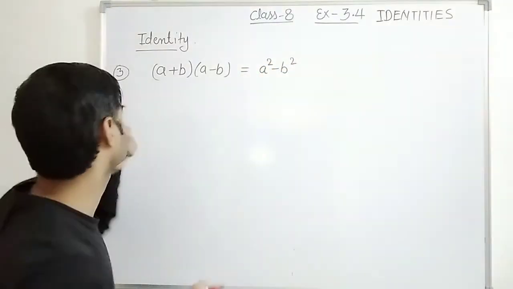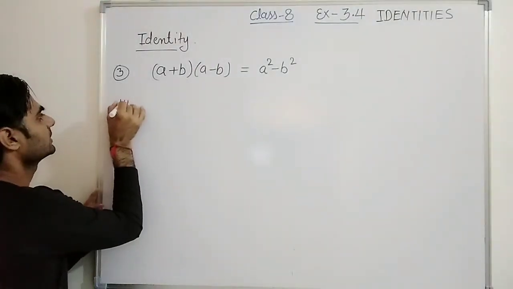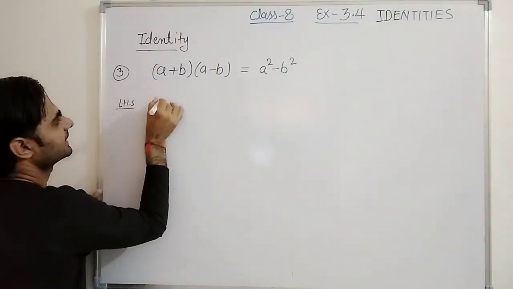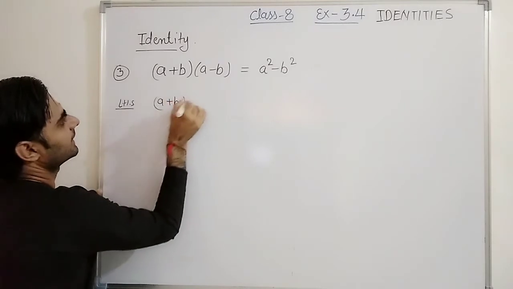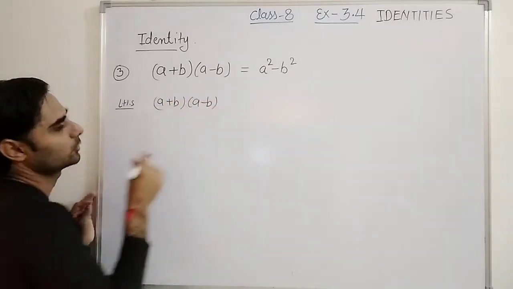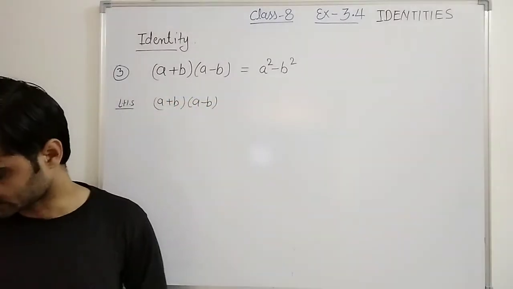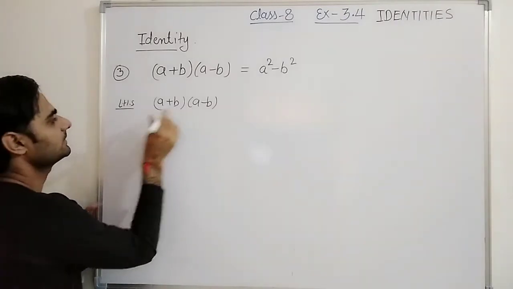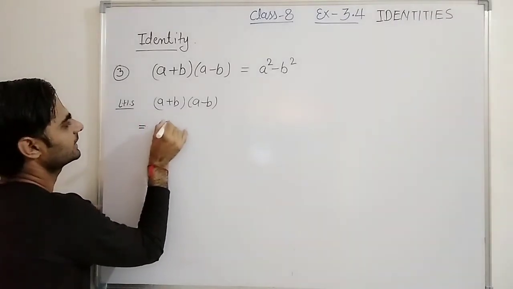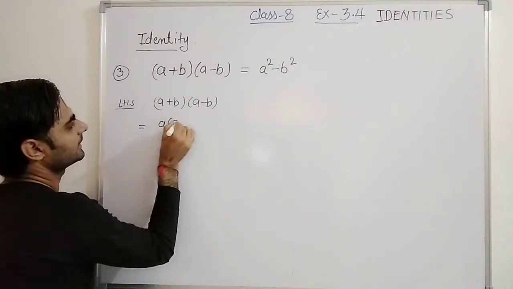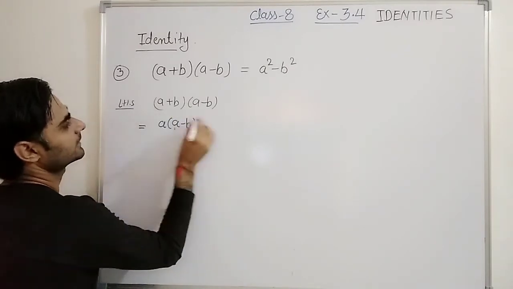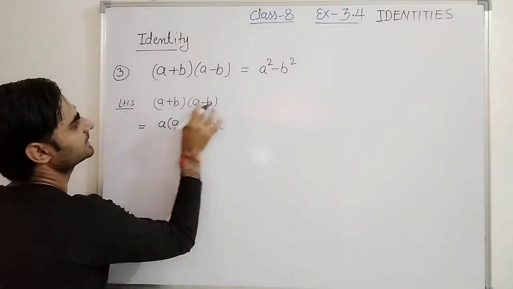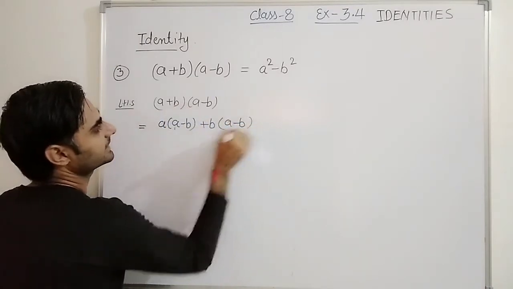Correct? Let's check. So in this one also, the left hand side, that is (a plus b)(a minus b), we will take. Okay, how to solve this one now? See, this a will be multiplied to both of them. a multiplied by (a minus b), plus this b will be multiplied by (a minus b).